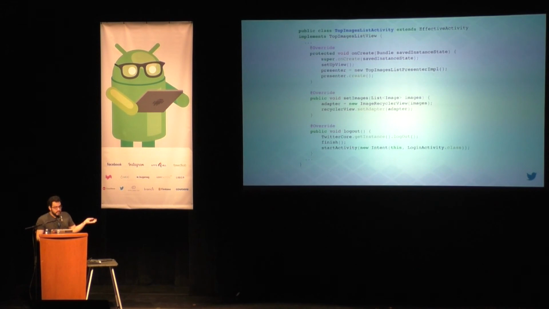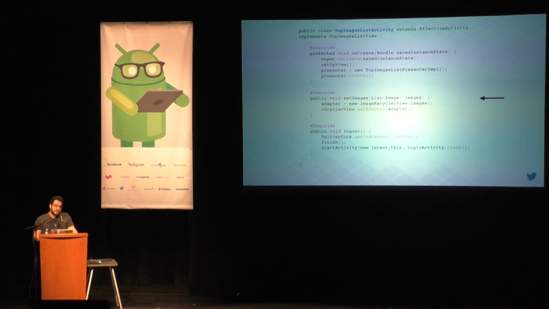So in this case, the view is implemented by the activity. Remember that the responsibility of the view is only to update the UI. So it's implementing this method, and in the method what we are doing is setting that content into an adapter, and then that will show the images on the screen.